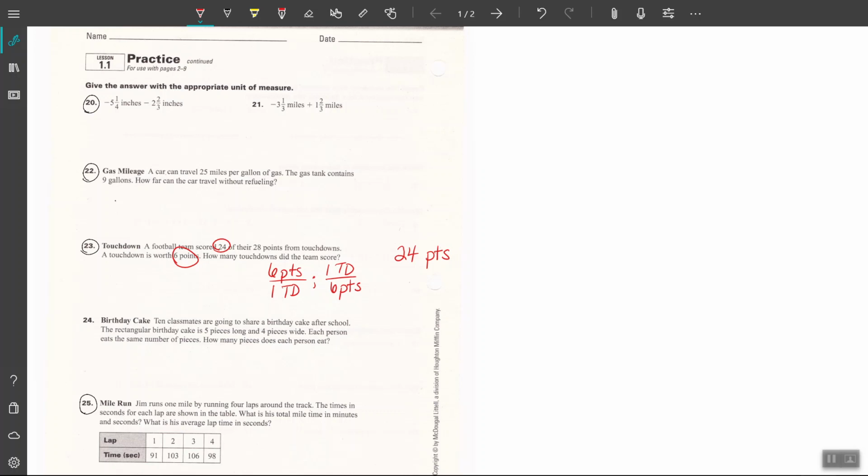That first one says 6 points per touchdown. The second one says 1 touchdown for every 6 points. Okay, so what we're looking for is which one's going to help us cancel out our label of points.